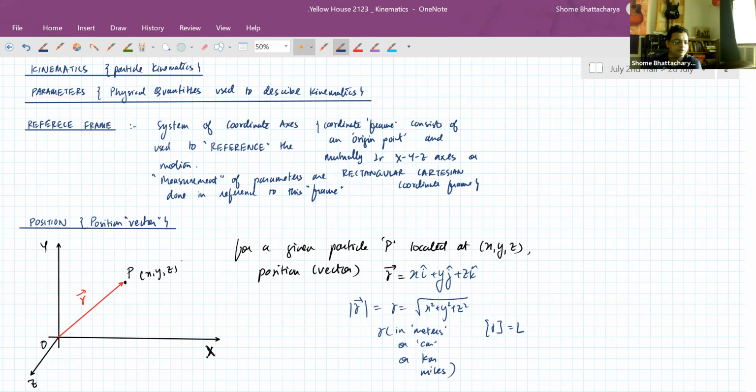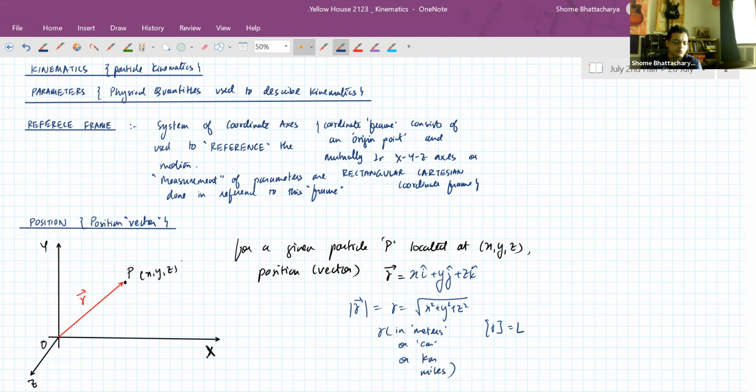So now, the moment we have defined position, one other thing that you can immediately see is when do we say the body is in motion or when the particle is in motion versus when it is at rest. If the position vector is remaining constant, that is that vector r is not moving at all, neither of the three components x, y, z is changing with time, they're all constant, then we will say that that particle is at rest.